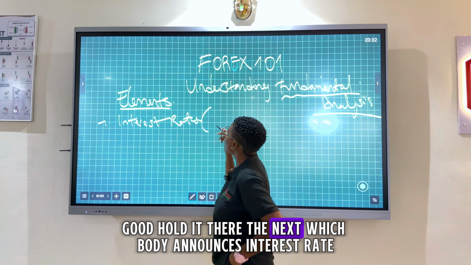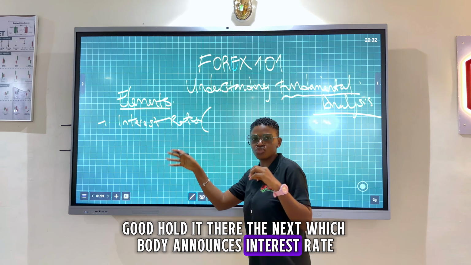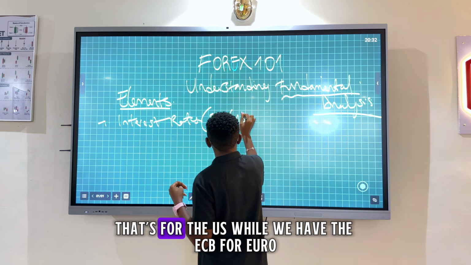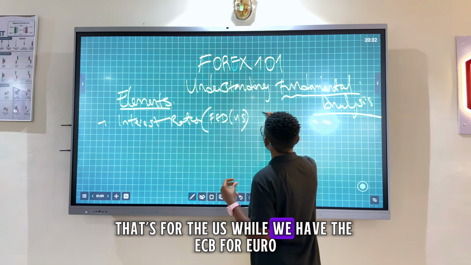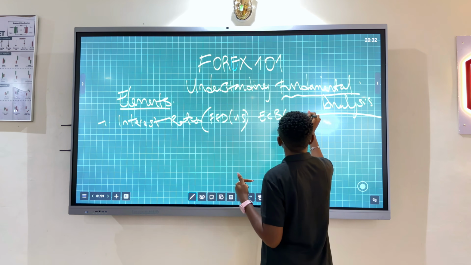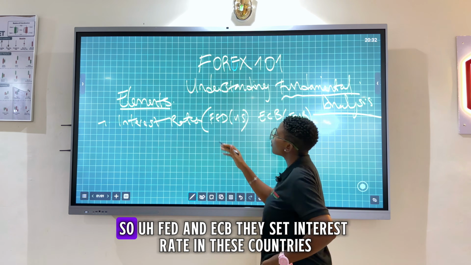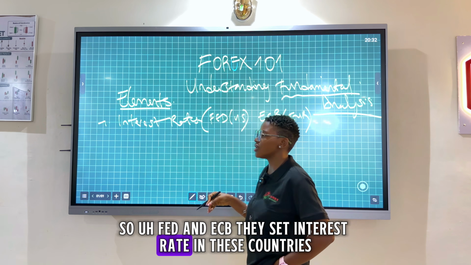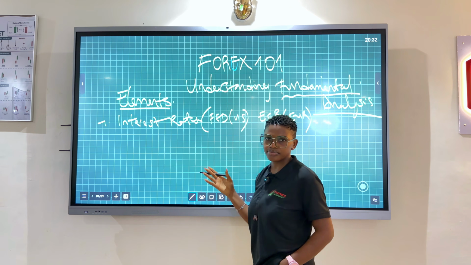Next, which body announces interest rate? In the US, we have the Fed, while we have the ECB for the Euro. So the Fed and ECB set interest rates in these countries.